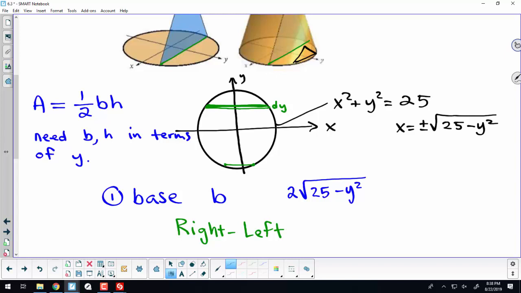And so when x is the positive root, we have this part of the circle. And then the negative square root is when x is negative, which is the left half of the circle.